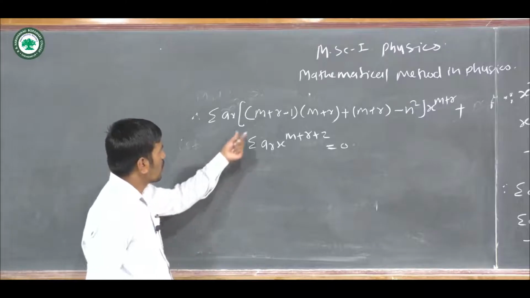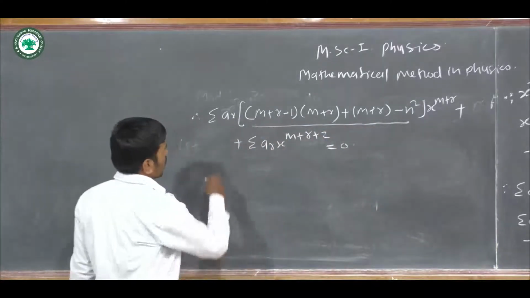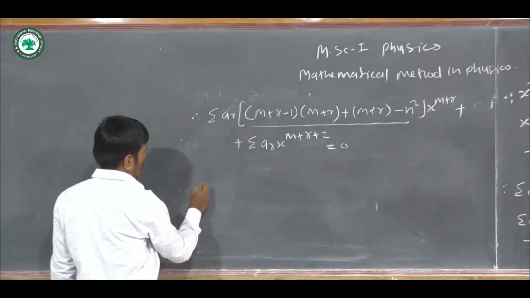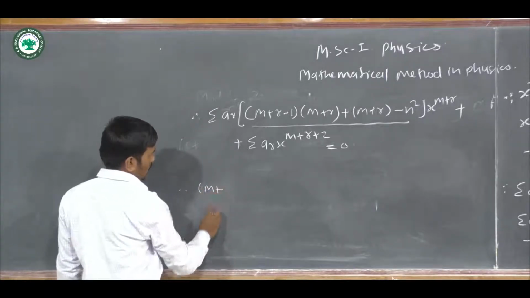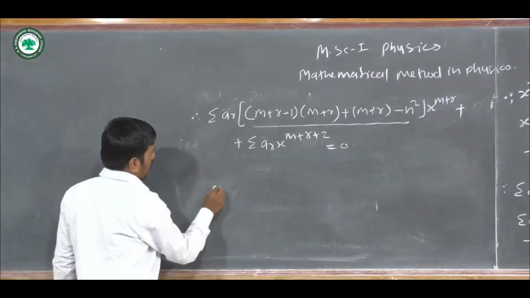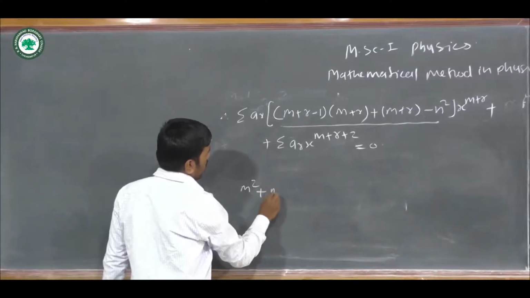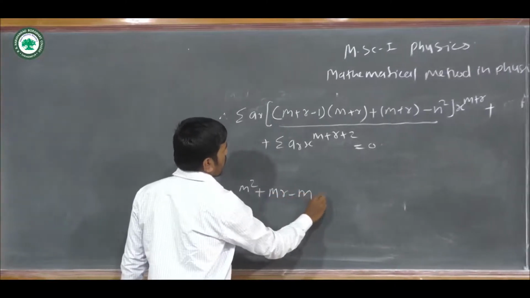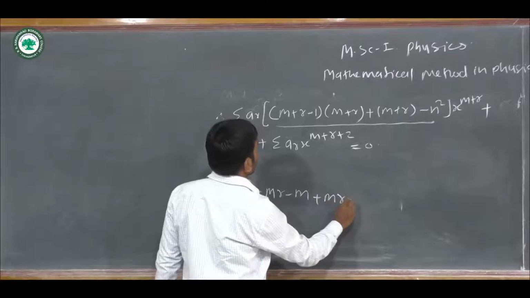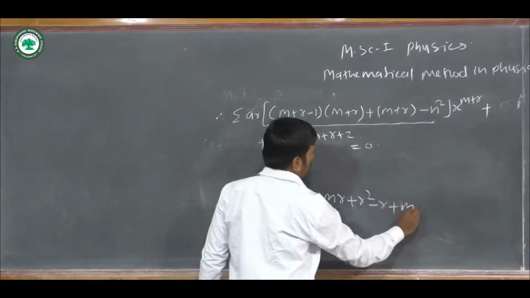Okay, so I am going to just simplify this bracket, that is first summation, it's m squared plus mr minus m plus mr plus r squared minus r plus m plus r.